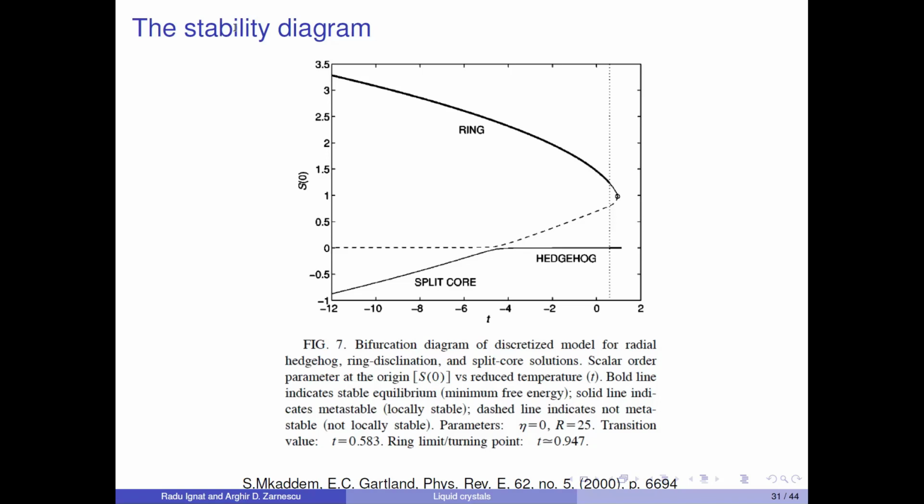This will still stay as a local minimizer for a while, and we can try to look at the stability of this hedgehog. By hedgehog, I mean this radial solution.